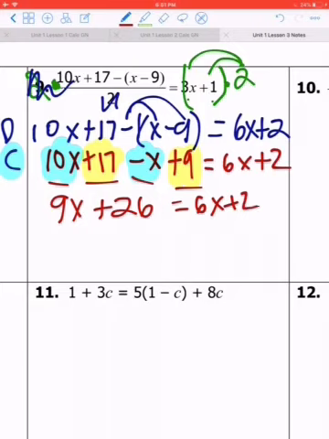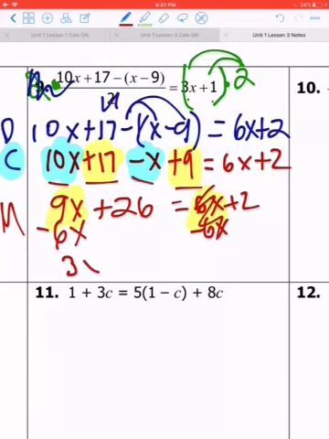Okay, now we can move our variables to one side. Alright, so like I said, if you look at your x's, I always move them to the bigger side, whether it's the left or the right, so we don't get a negative. 9 is bigger than 6, so I'm going to move my x's to that side.